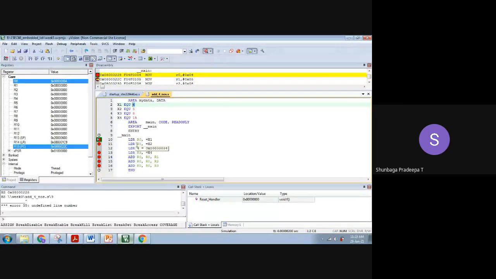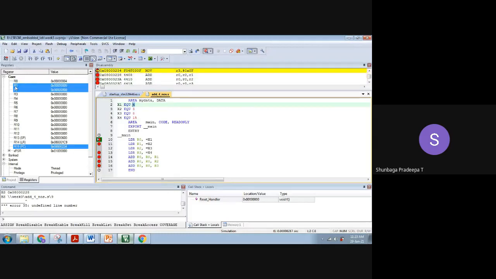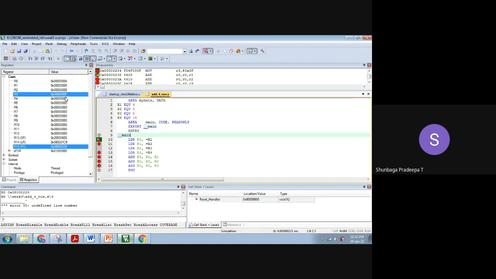Next instruction, R1 is loaded with X2. X2 is 5, so your R1 is loaded with 5. Click twice. R3 is now loaded with 8, and R4 will be loaded with F. After the first add instruction, R0 and R1 are added and 9 is loaded back into the R0 register.